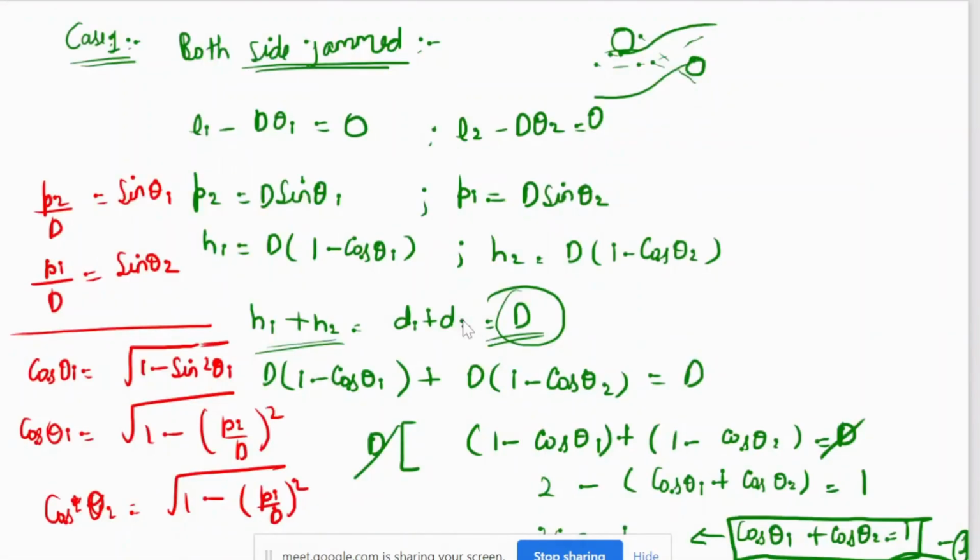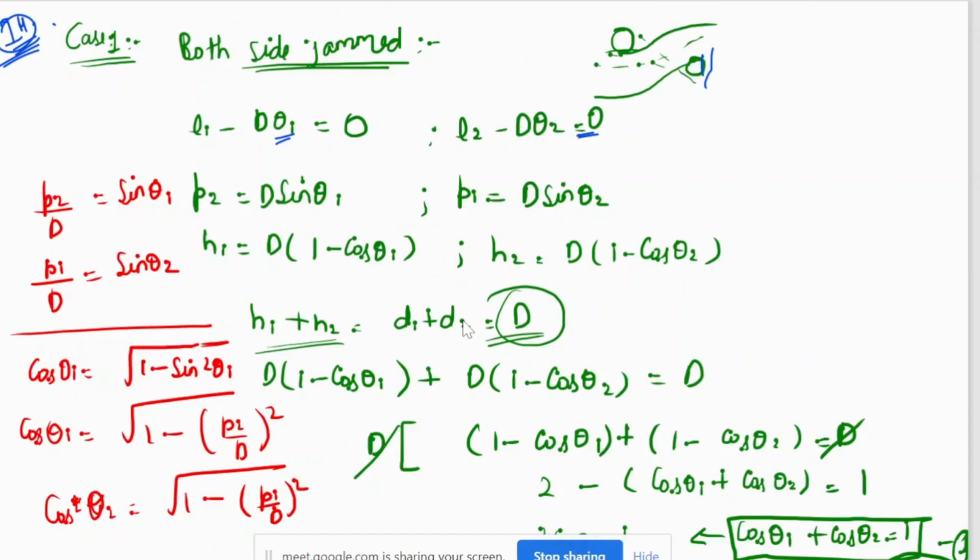And then further, there are two specific types of concepts. Sometimes it is asked: both side jammed. This is very important. Both side jammed means L1 minus d theta 1 is equal to L2 minus d theta 2, meaning both sides are fixed and the yarns are equal types, so the conditions are changed.